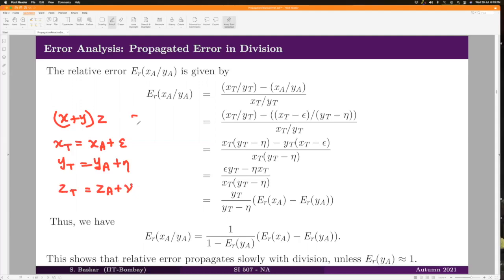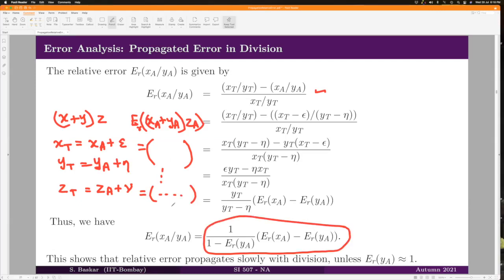Then you evaluate the relative error of xa plus ya into za. You put the definition of it just like this, and you simplify it into an expression where you only have relative error in x, relative error in y, and relative error in z, something like this, and that will be the final expression that is needed.